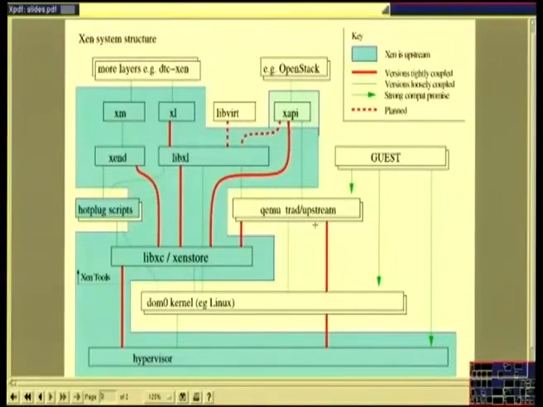So rather than try to maintain a hideous patch set on top of QEMU to provide two emulation modes, we've decided to maintain the QEMU traditional branch indefinitely, at least so far as we need compatibility for those guests, which will be some time. So that means there's two versions of QEMU in the Xen system. New guests get the new upstream-based QEMU, and old guests get the traditional one.